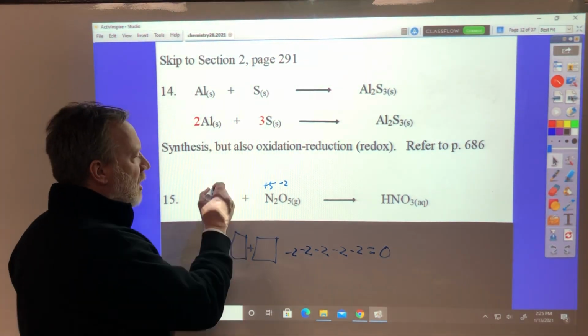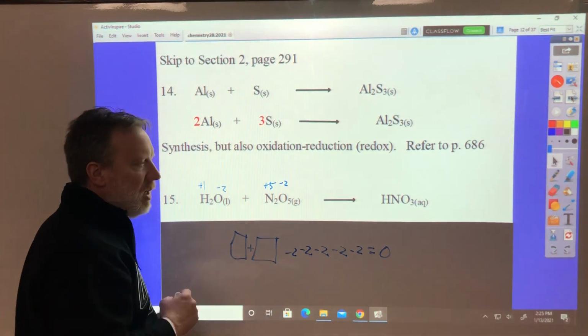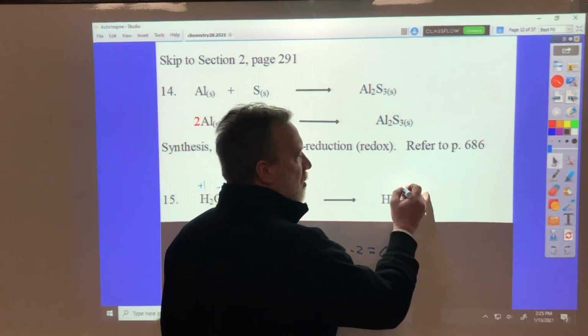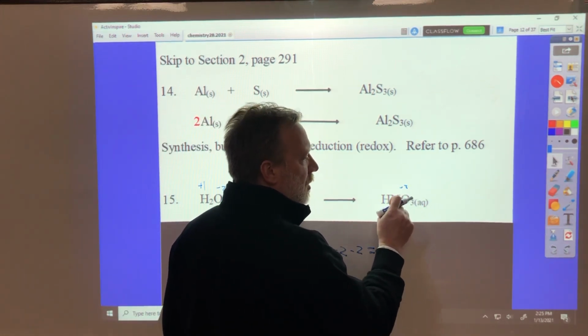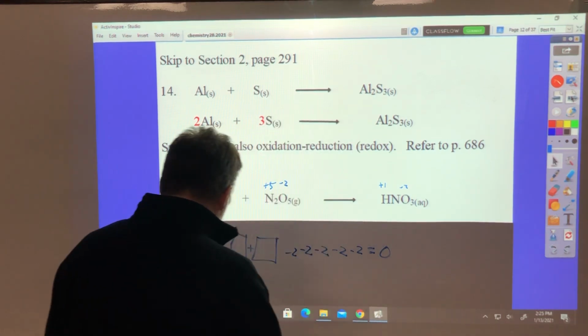The oxygen here is -2. One of the rules for hydrogen in that table tells you it's usually +1, and here it is. Oxygen here is -2, -2, -2. Hydrogen here is +1. Again, this is not hard.